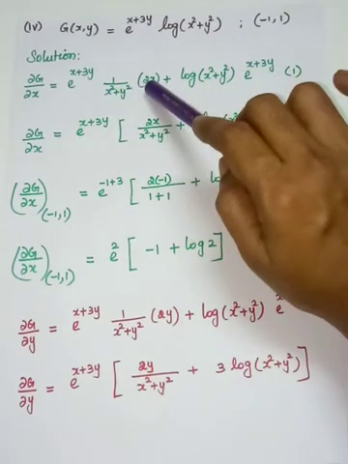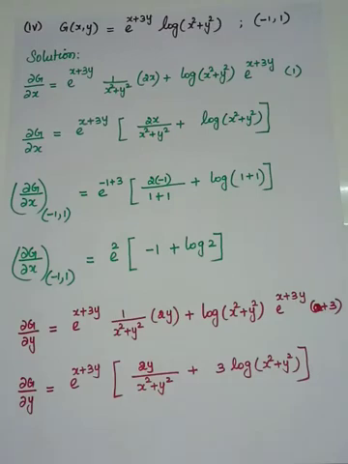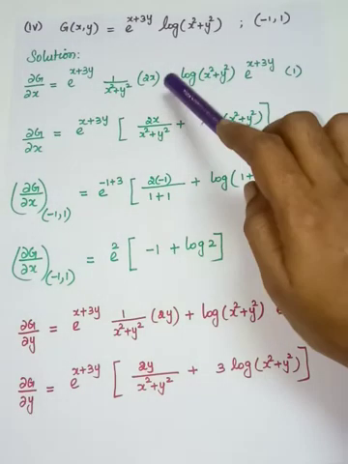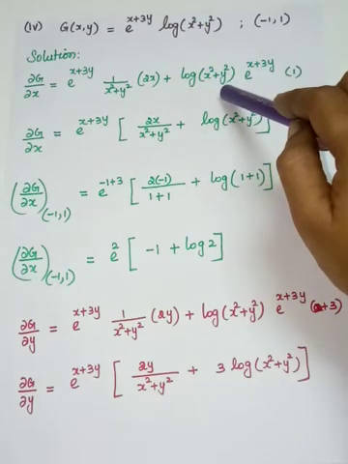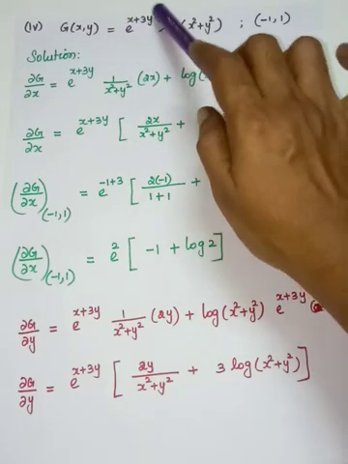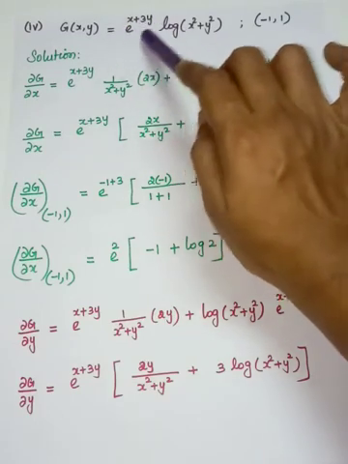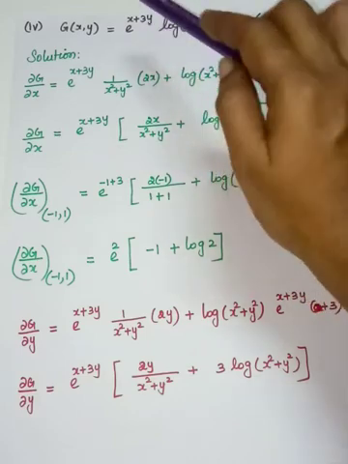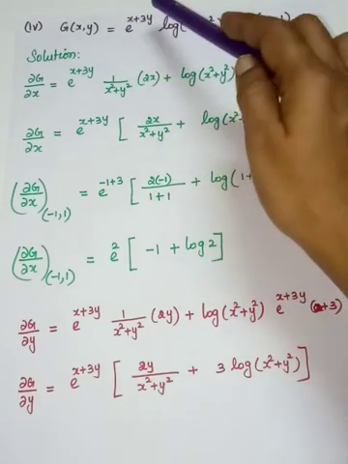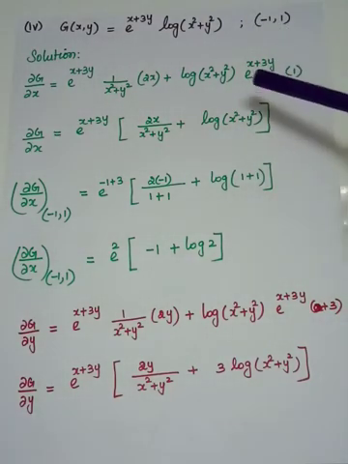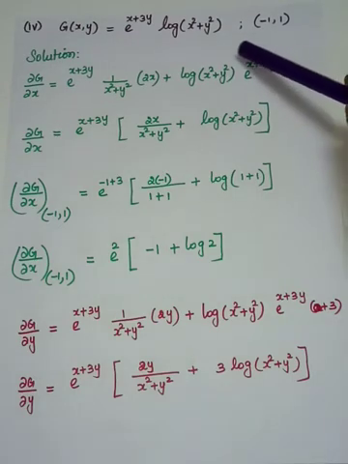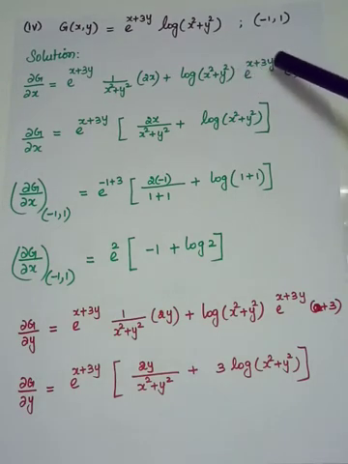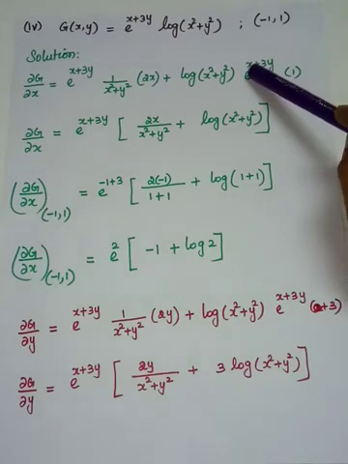So I have completed the u dv, product rule u dv I have completed. So next I have to write plus v, I have to write as it is, log of x squared plus y squared. Which one has to be differentiated now? U. I am using product rule, so u has to be differentiated partially with respect to x. So it is in the form of e power, that is exponential power. So you have to write e power x plus 3y, and the power has to be differentiated partially with respect to x. So see that the first term of the power is x, whose differentiation is 1.